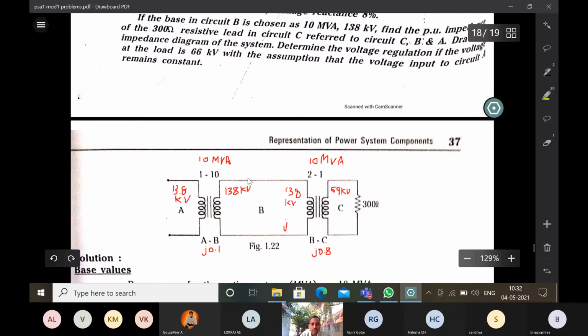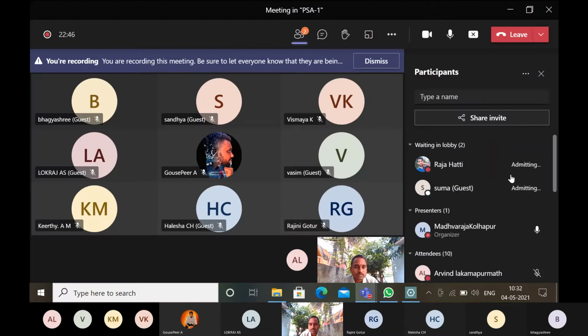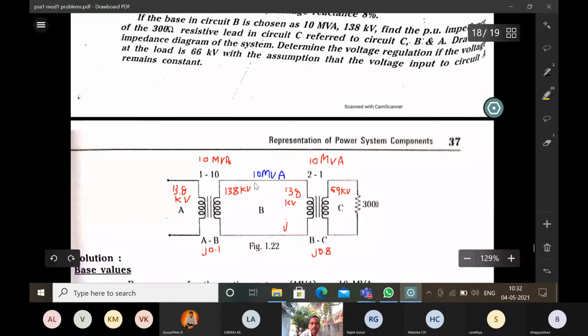Here we have taken 10 MVA as the base MVA and 138 kV as the base voltage.